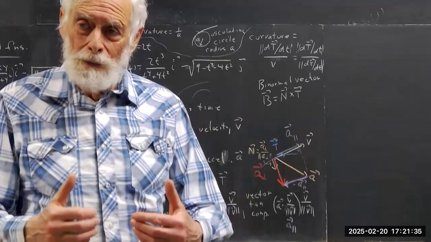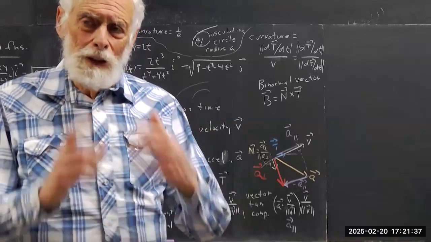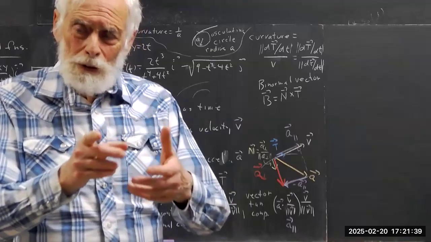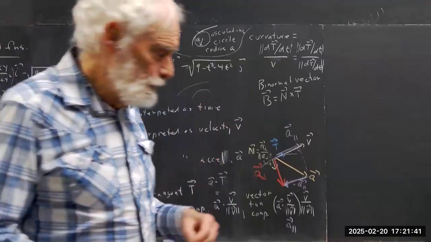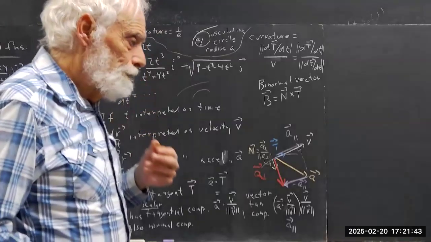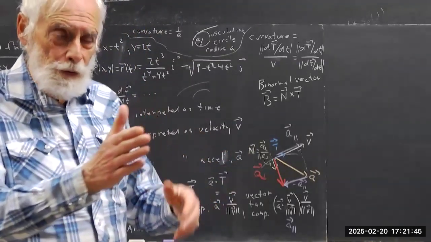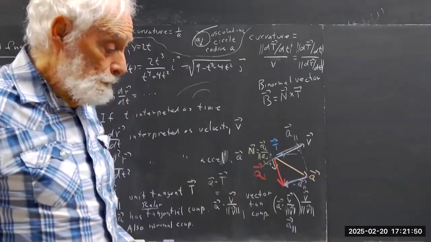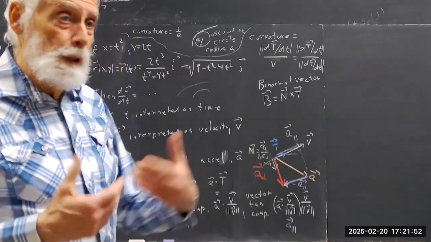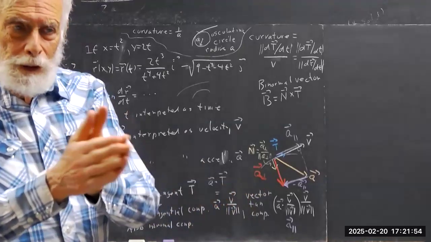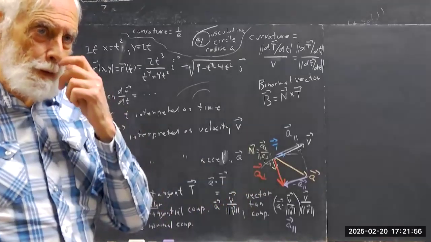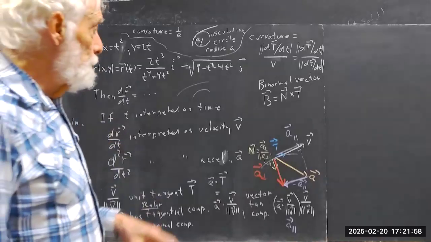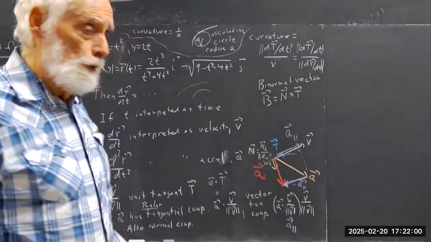But if you divide by the speed, you get the same result whether you're going twice as fast or not. So if you divide by your speed, you're going to get the rate at which your unit tangent vector changes just with respect to the distance you travel along the curve.